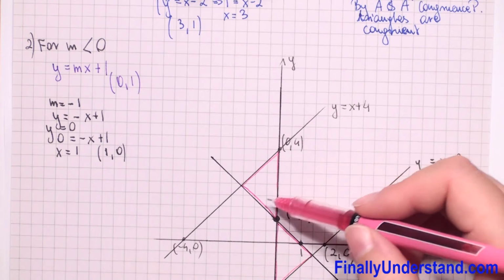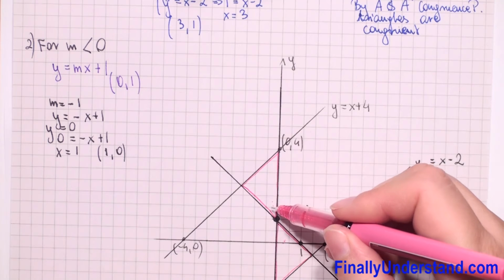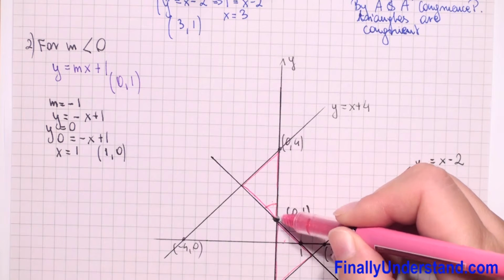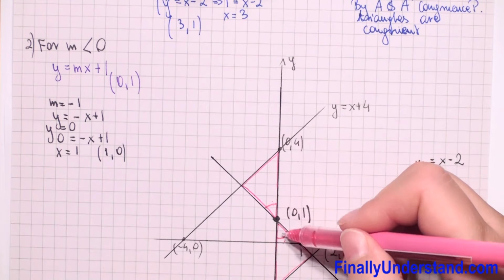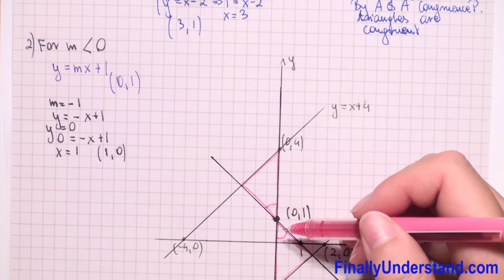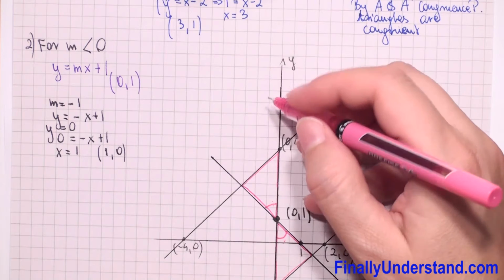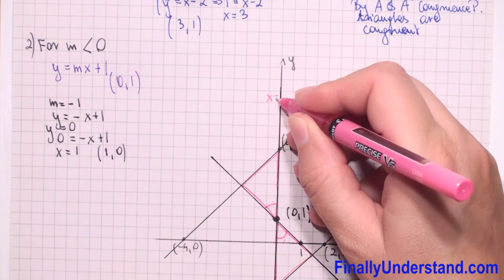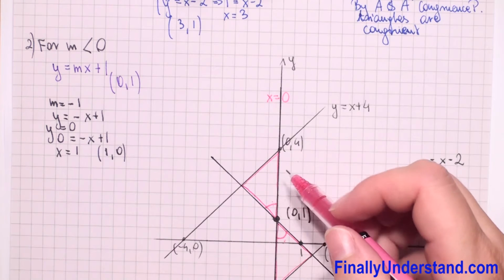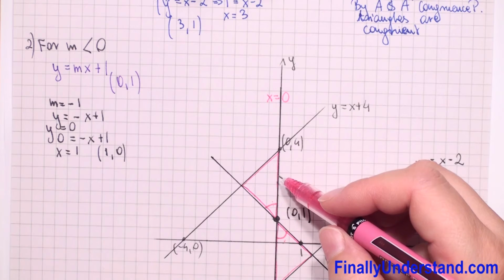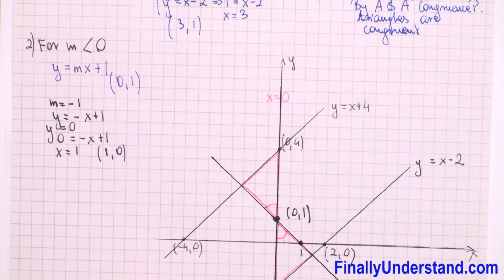And let's see what we have here. We have these two vertical angles, so for sure here we will have congruent angles, because vertical angles are congruent. And what else? Parallel lines. If our line x equals 0 is our transversal, then the angles on opposite sides of the transversal are congruent.